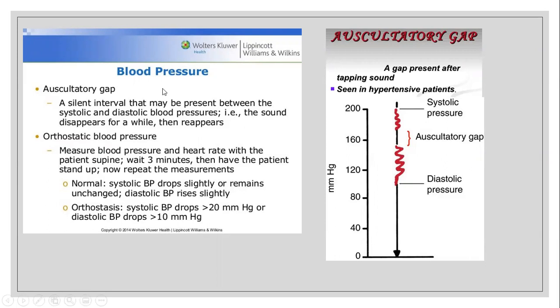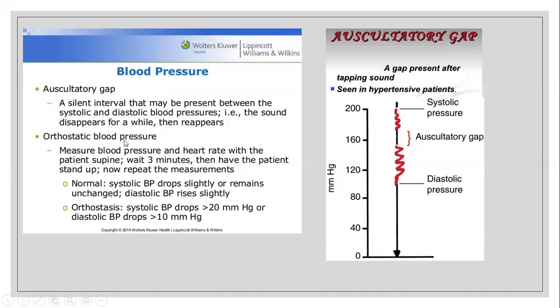Let me explain what the Lippincott book says: a silent interval that may be present between the systolic and diastolic blood pressure, such that the sound disappears for a while, then reappears. So when you measure the blood pressure, you can detect it if the patient has it.